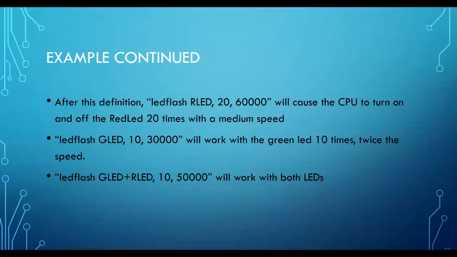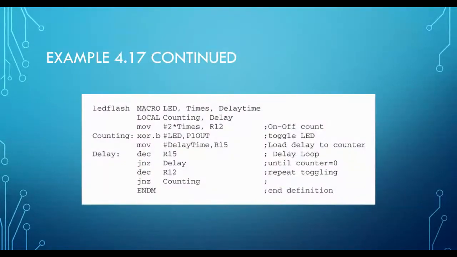So similar with this. You really need to spend time to understand how this works, how the delay time is transferred to here, and why you use register 15. You can use any other common registers, not really 15 or 12. It's up to you.